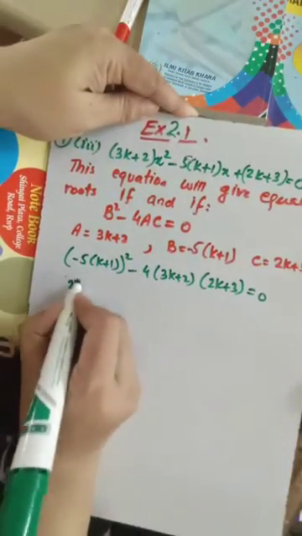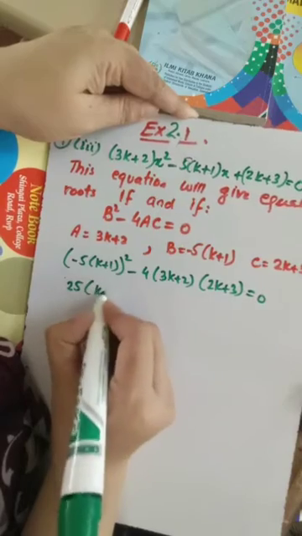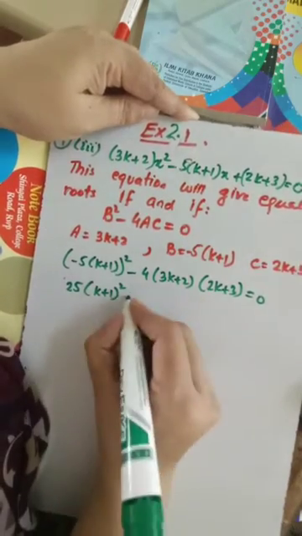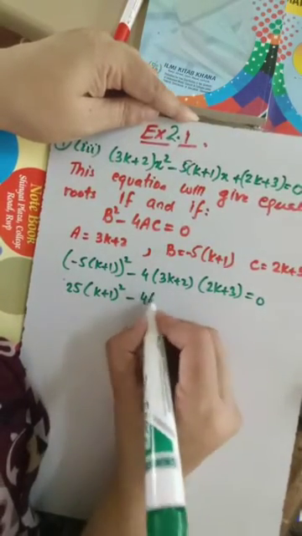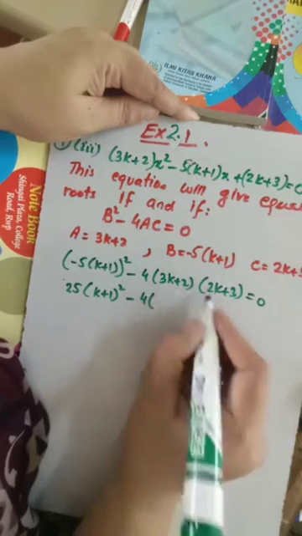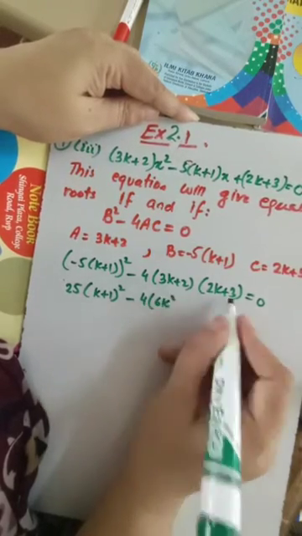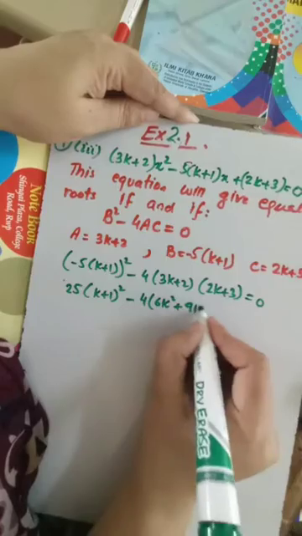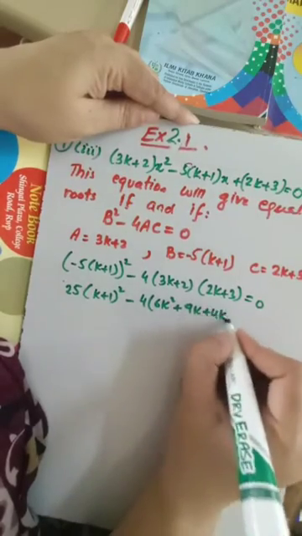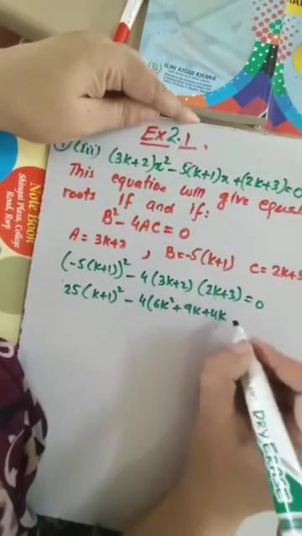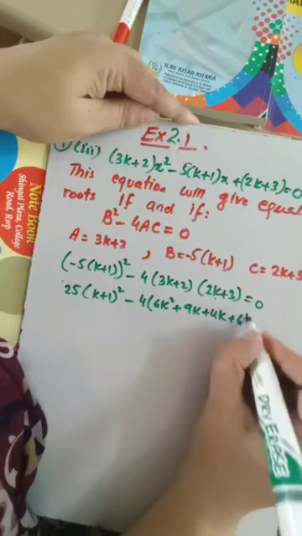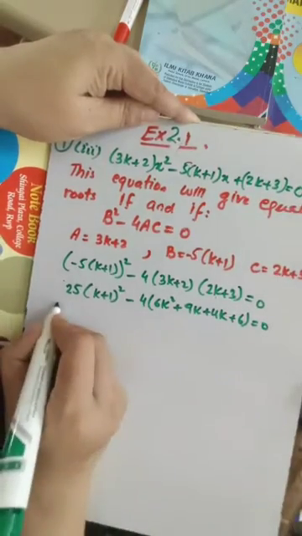Now square of 5 is 25, and square of k plus 1 will be k plus 1 whole square, minus 4 times multiplying these two brackets. 3k into 2k will be 6k square, 3k plus 3 will be 9k, plus 2 into 2k will be 4k, and 2 into 3 will be 6, equals to 0.